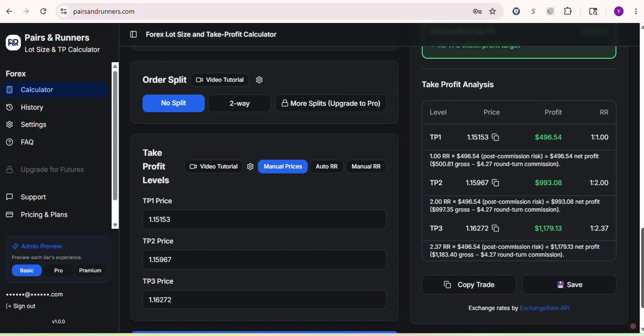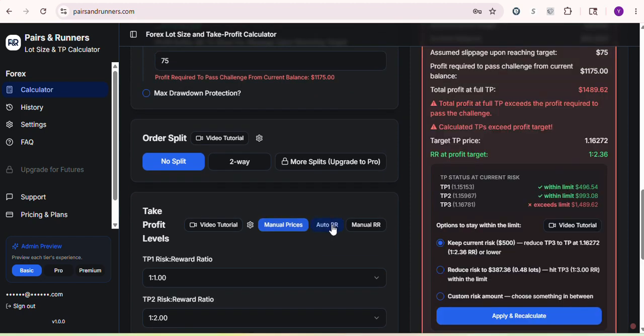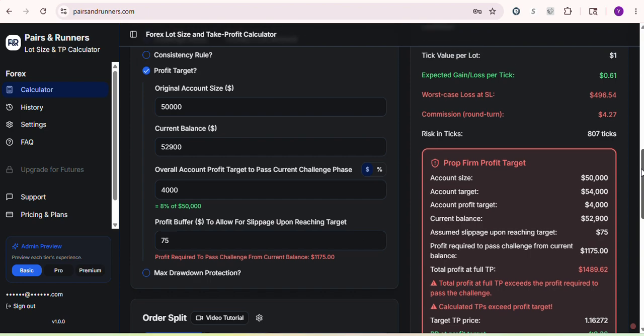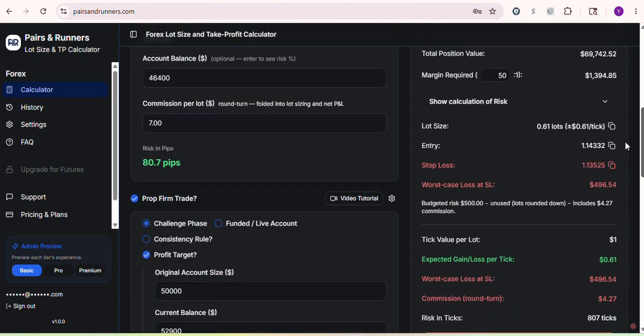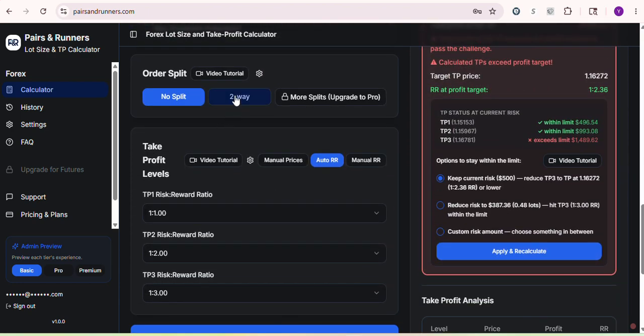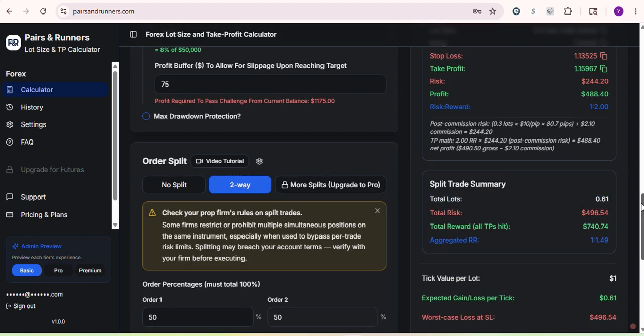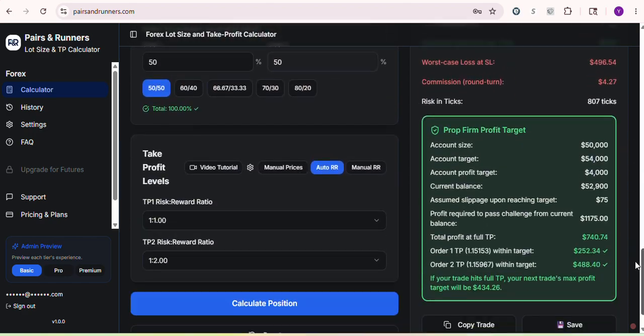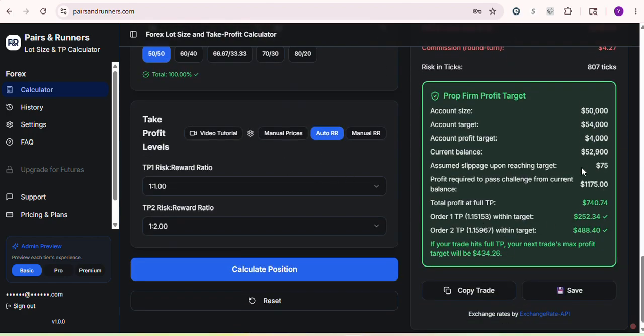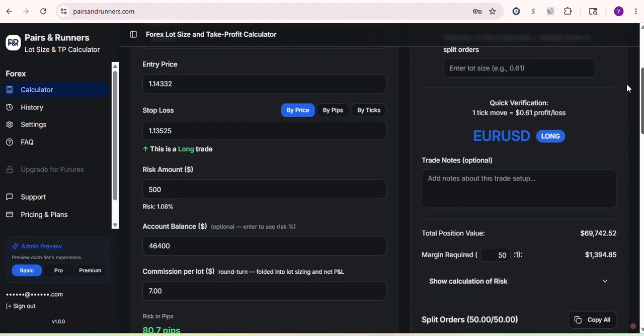Alternatively, if we're in a split trade, let's say we're in a two-way split trade, so we have multiple orders, currently compliant. So I'm going to change the risk just so we can see what happens when you get a warning.